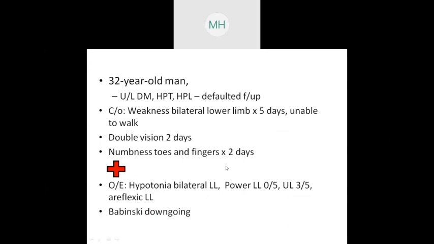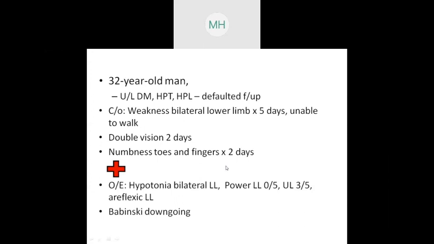And then on examination, power 0 in the lower limb, and upper limb just 3/5, so there's some power deficit over the upper limb also. Areflexia, hypotonia, Babinski downgoing. So all this shows you there is a lower motor neuron lesion.